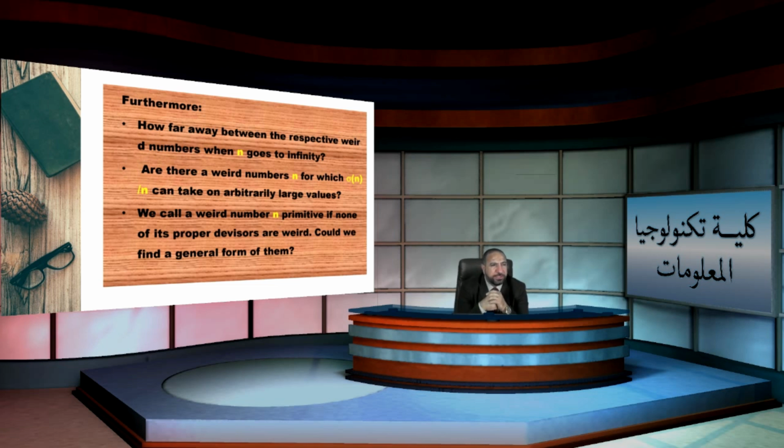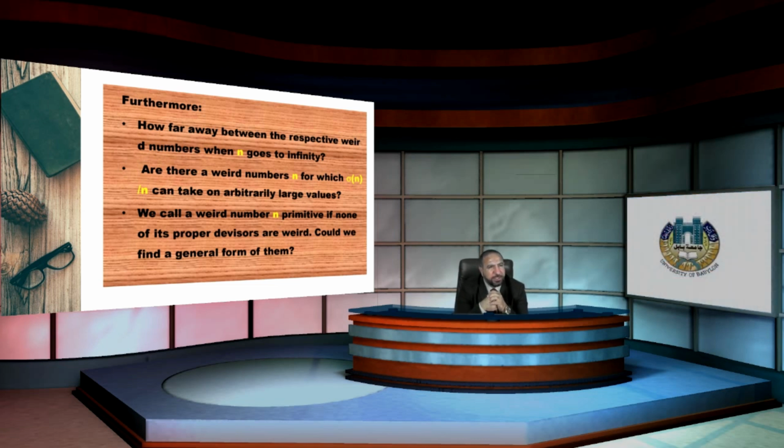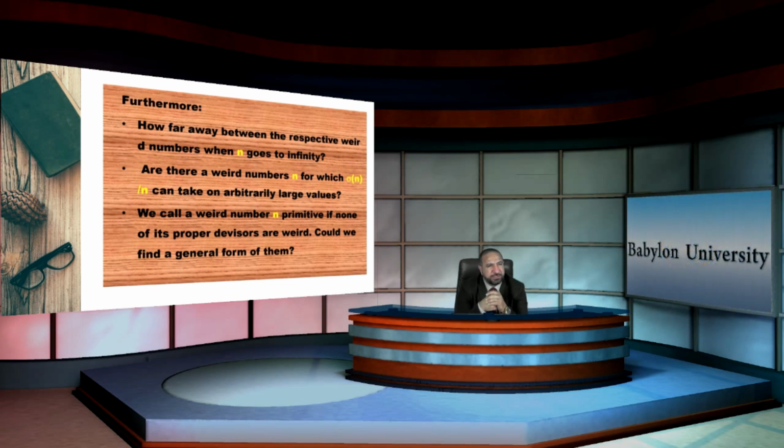We call a weak number n a primitive weak number if none of its proper divisors are weak. We find a general form of them.